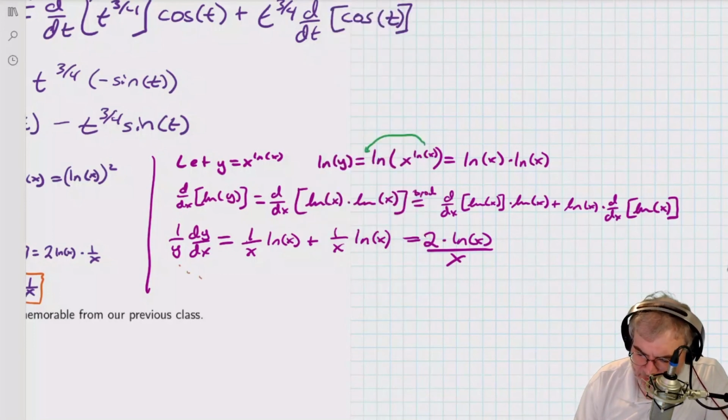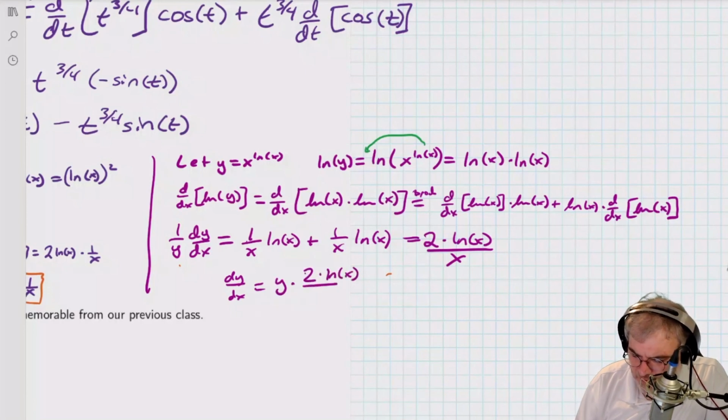All right, now what I need to do is I need to move y over to that side. And I wind up with, let's get rid of the marks because they're distracting. And I wind up with dy over dx equals y times 2 times ln of x all over x.